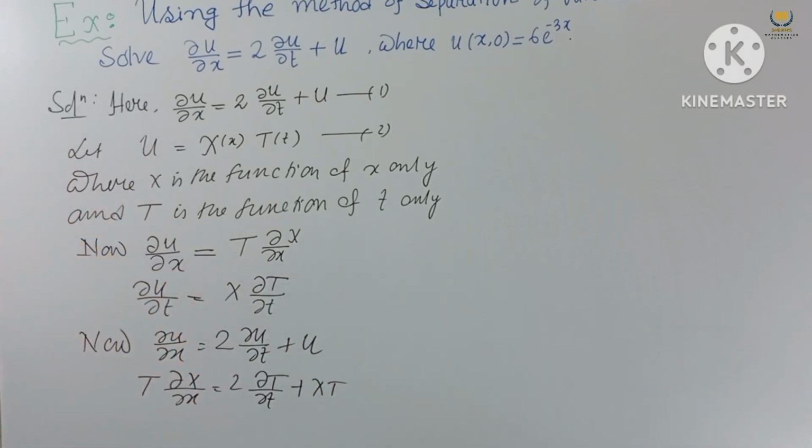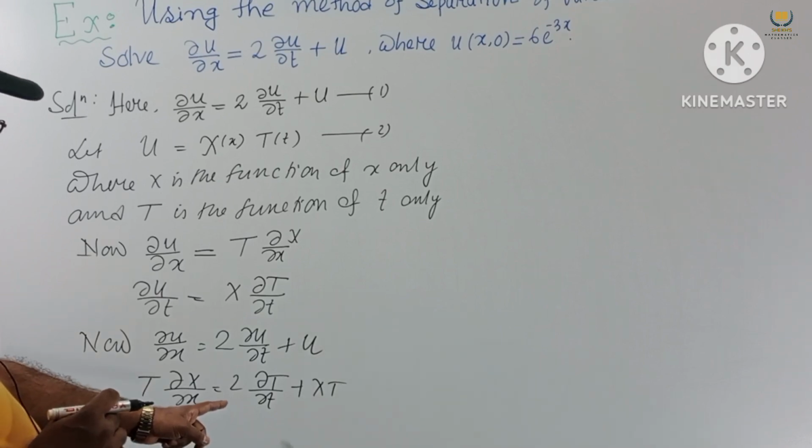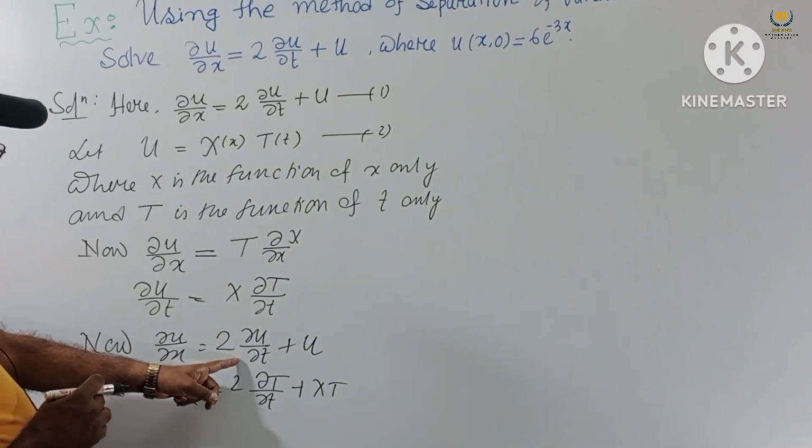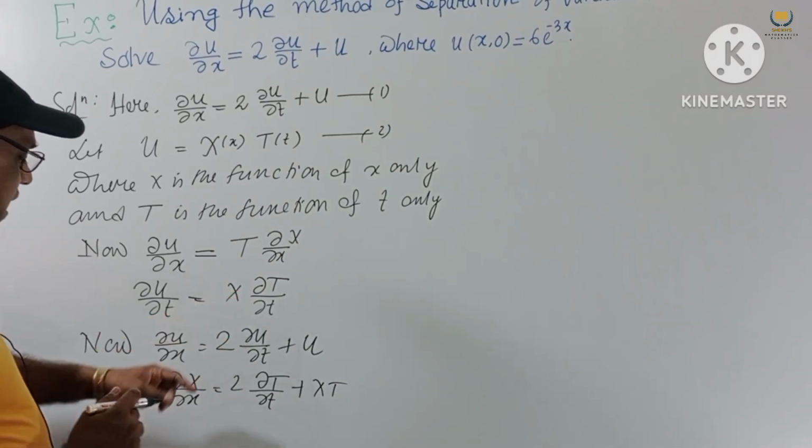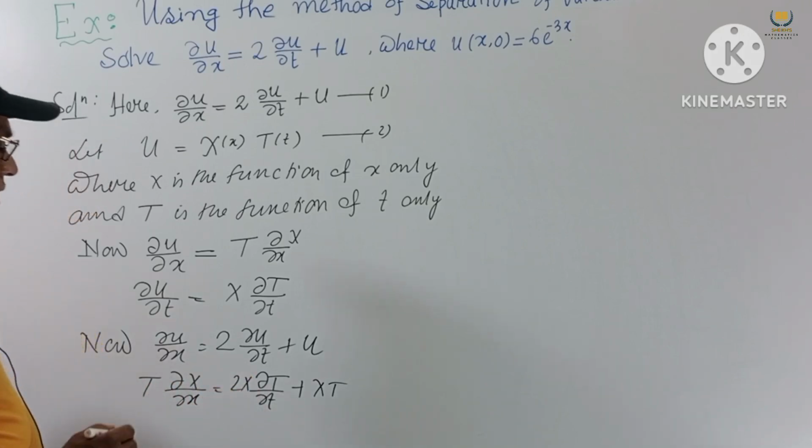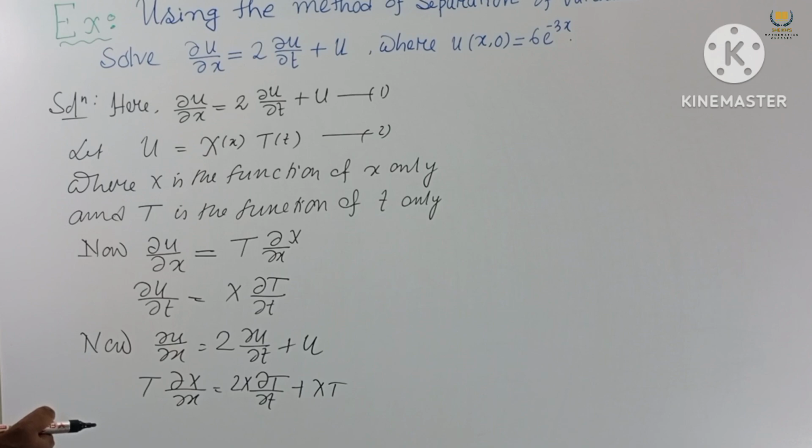We get this. So here ∂u/∂t means we get X ∂T/∂t. Now this is variable separation.